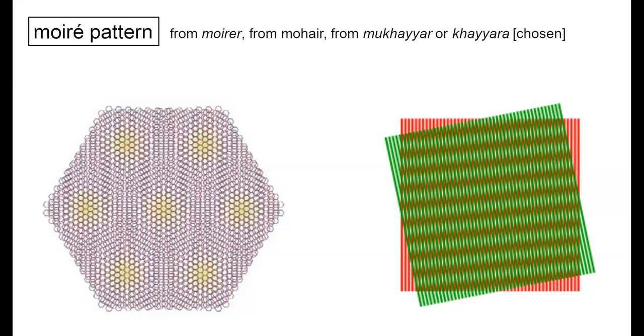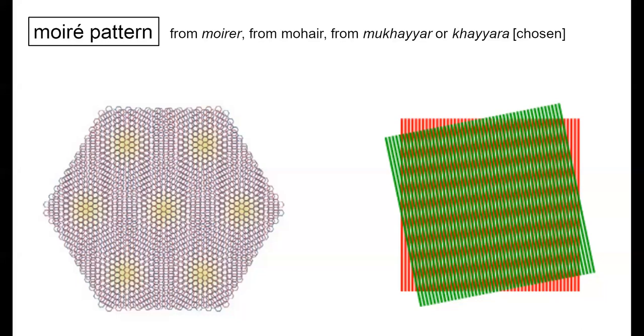You put down two textiles on top of each other at small angles, and that came from the word mohair, which is the wool made from the Angora goat, not to be confused with the Angora rabbit. That word comes from an Arabic word, mukhayyar, which I'm told means the best or the chosen, because that kind of goat is the best goat for making wool.